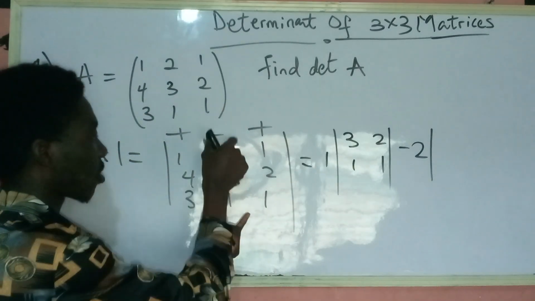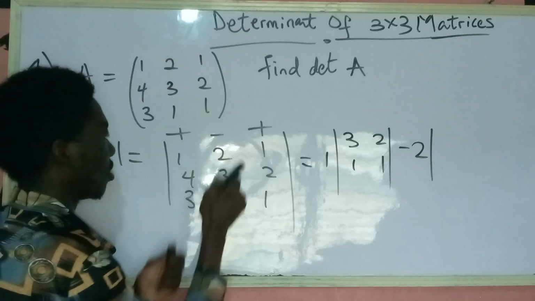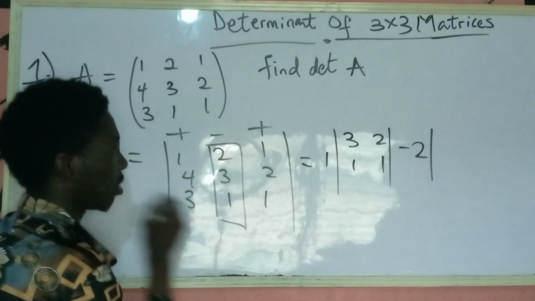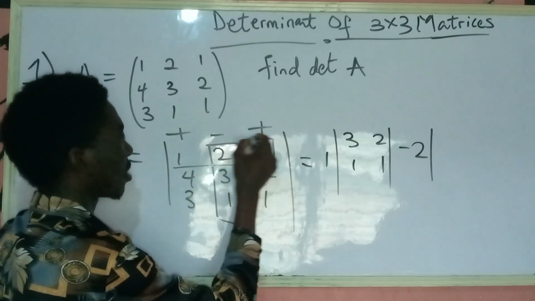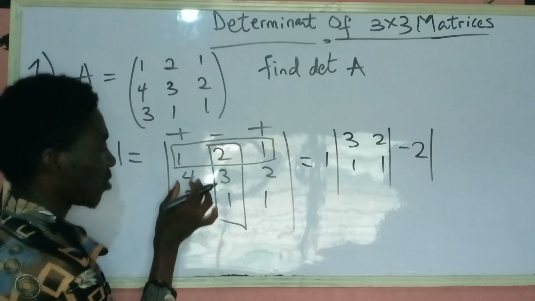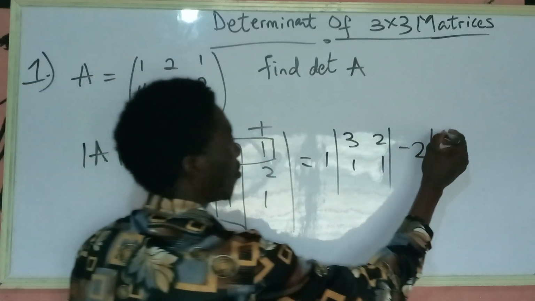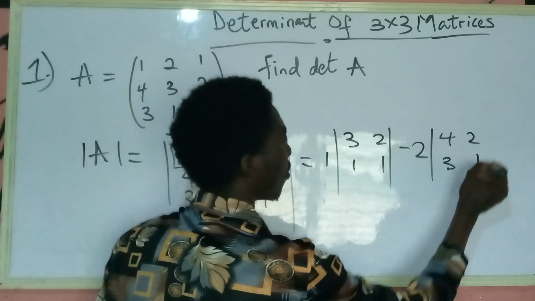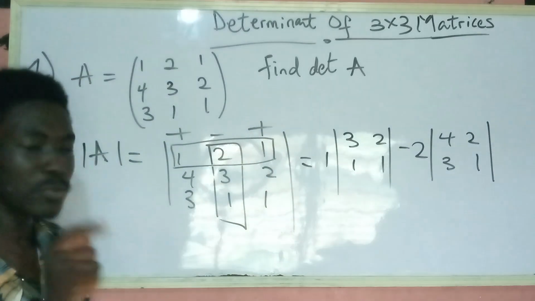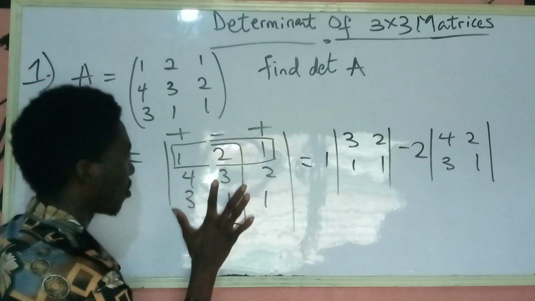So cover this side, cover this side. I'll draw a rectangle to cover it, so I'll be left with 4 2 3 1. I'm through with that. I can now clean it off.